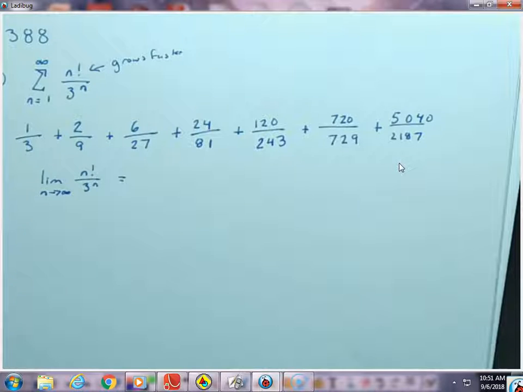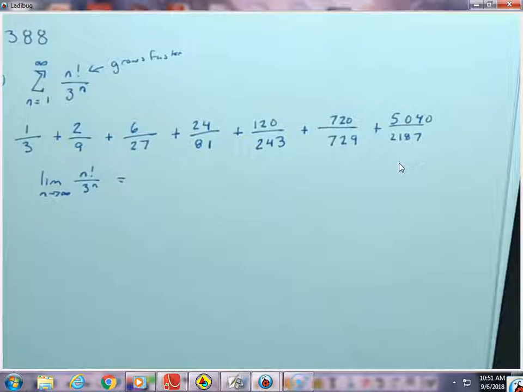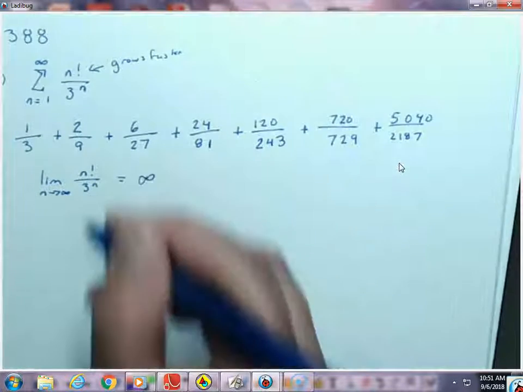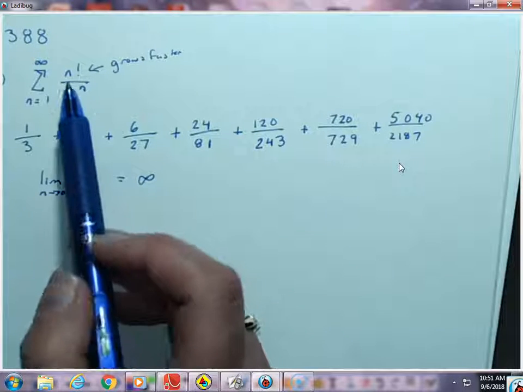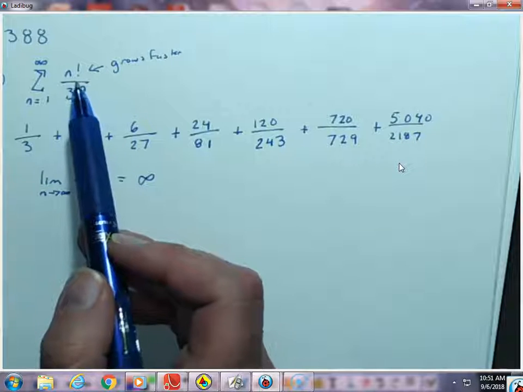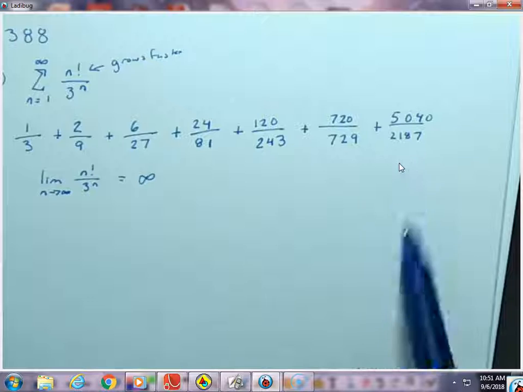When you're comparing degrees, you're trying to decide which one is growing faster. Okay, so if the numerator is growing faster, what is this overall number going to go to? Infinity. If the denominator is growing faster, what's the overall number going to go to? 0. Okay, and so I just wanted you to use your knowledge of the fact that factorial grows faster to look at it, and I'm also trying to prove it to you numerically.